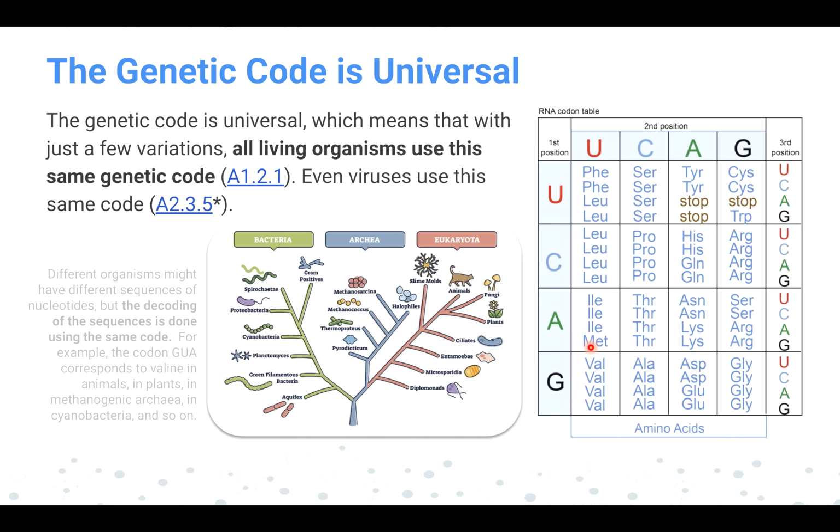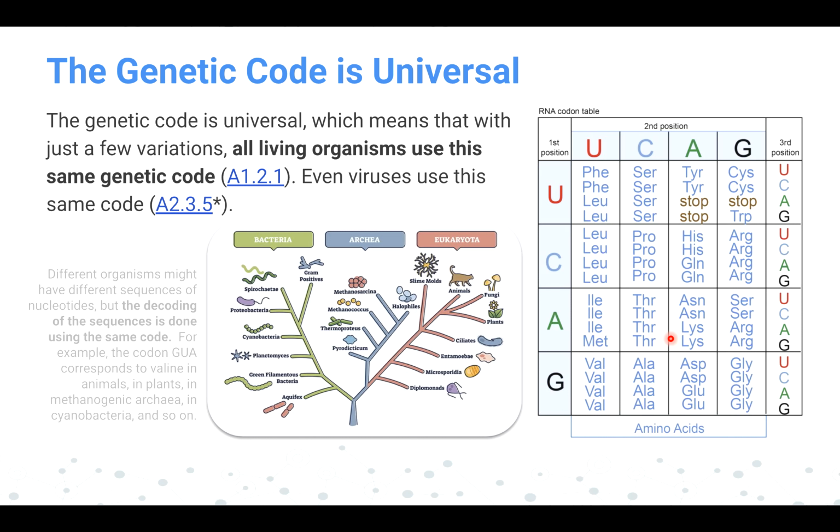So the genetic code is universal, which means that with just a few variations, all living organisms use this same genetic code. Even viruses use this same genetic code. Different organisms might have different sequences of nucleotides, but the decoding of the sequence is done using the same code. We don't have a different dictionary for that.